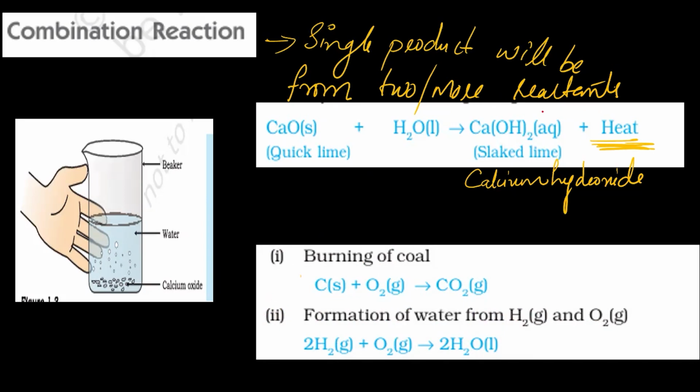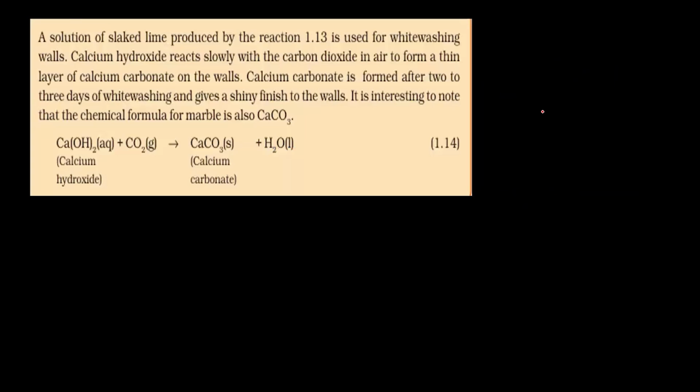The first reaction we discussed: quicklime is reacting with the water forming slaked lime. Let us discuss the application of this reaction. That is, a solution of slaked lime produced in the reaction is used for whitewashing walls. Have you ever observed whitewashing of the walls in your homes?